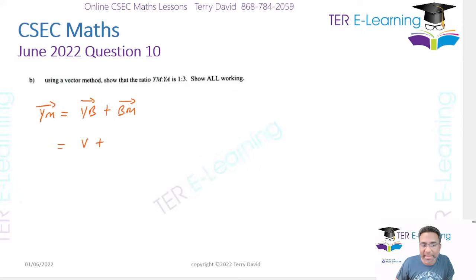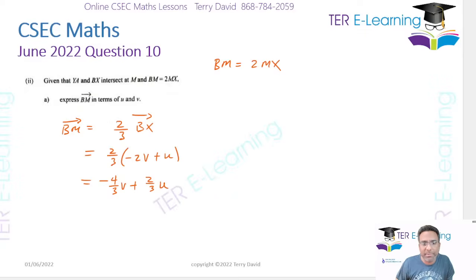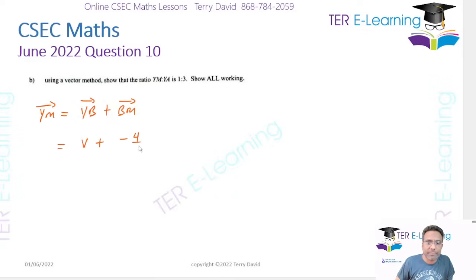I just worked out BM: minus 4/3 V plus 2/3 U. So when I simplify this, I'm going to get 1 minus 4/3, so minus 1/3 V plus 2/3 U. Now you're looking at lengths here because you're trying to work out a ratio.